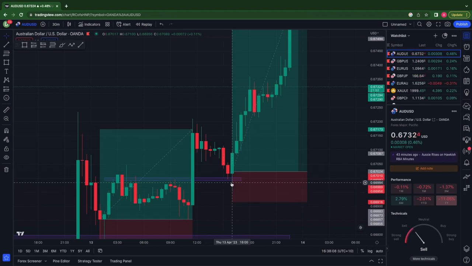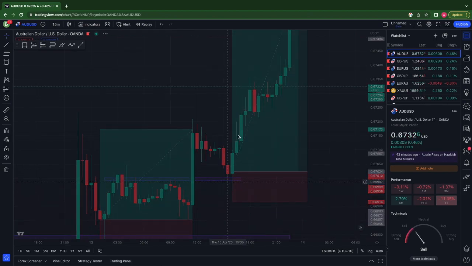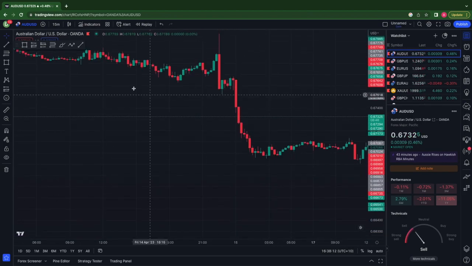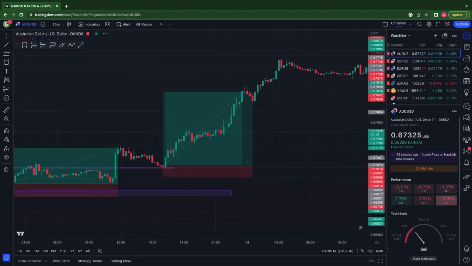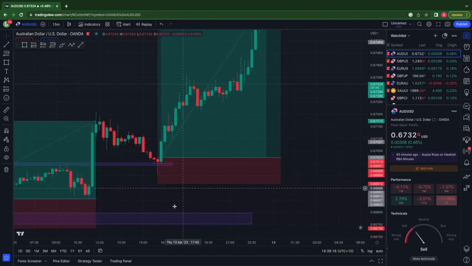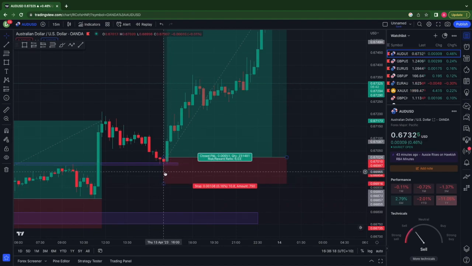I jumped into this trade, I think on the 15-minute. If I take it back, yeah, it was this 15-minute candle here where we saw price break in, was rejected, closed above the level, which was key as to why I didn't wait for the bullish confirmation, because that was confirmation itself.